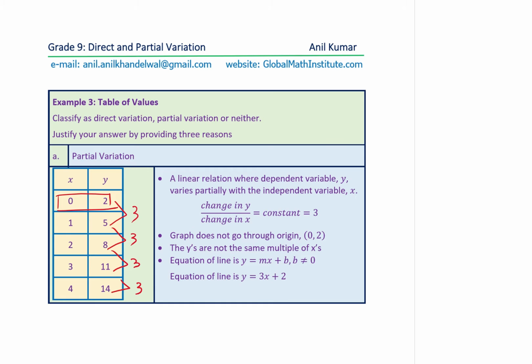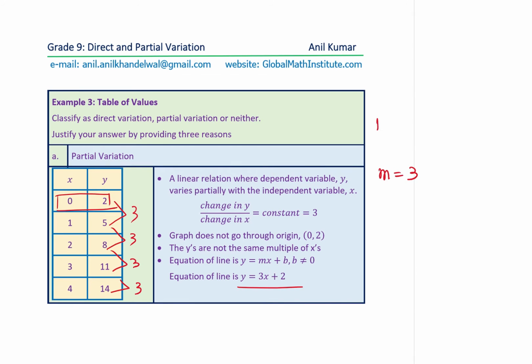And therefore, we have an equation which is y equals 3x plus 2. 3 is the slope, so m is 3, the first difference in this case. And the y-intercept b equals 2. And therefore, we get our equation. So it is a partial variation.